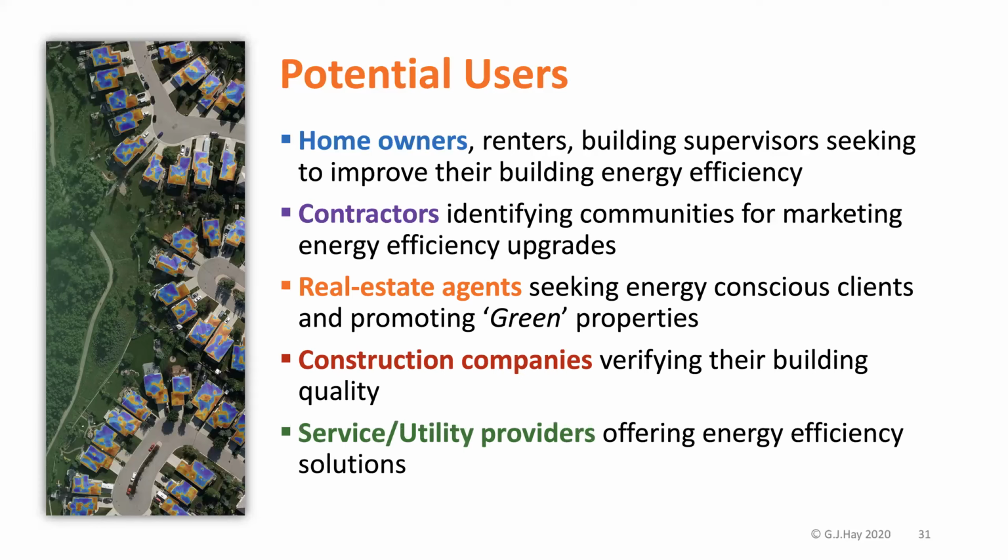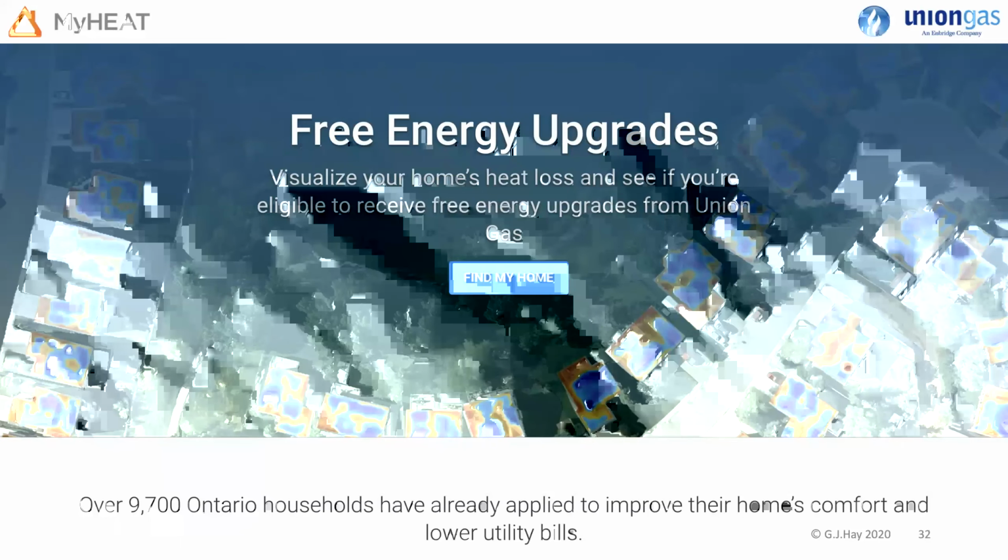And interestingly enough, service providers and energy utilities are very, very interested in offering energy efficiency solutions. In fact, they get paid by the government to reduce their energy consumption. So to do that, they need to put programs in place for people to reduce their energy consumption. So here's an example of a product we created with Union Gas.